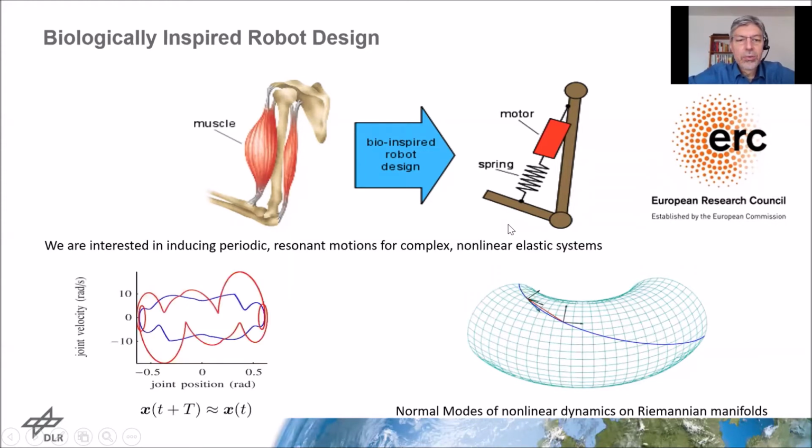We would like to search for periodic motion of these highly nonlinear systems. And it turns out that the most appropriate tool to generalize from the linear case to the nonlinear case, as so often, is differential geometry.